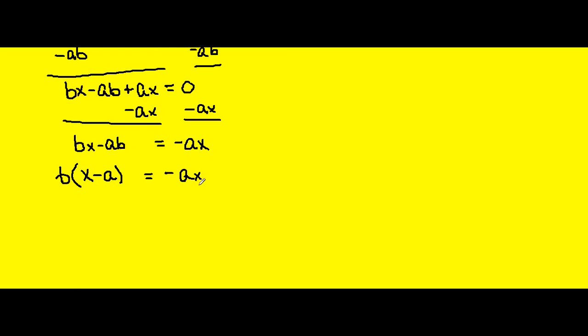And now to get b by itself, I'm just going to divide both sides by x minus a. Okay, so b now equals this. Okay, that's it for 7.5. See you at 7.6.